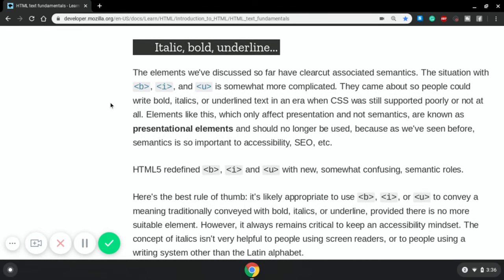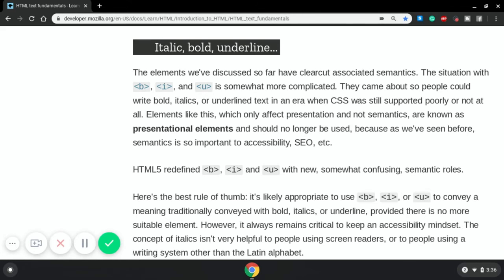Italic, bold, underline. The elements we've discussed so far have clear-cut associated semantics. The situation with b for bold, i for italic, and u for underline is somewhat more complicated. This came about so people could write bold, italics, and underline in an era when CSS was still supported poorly, if not at all.